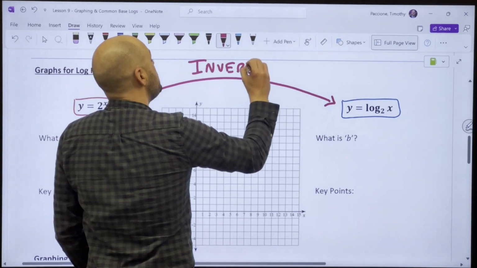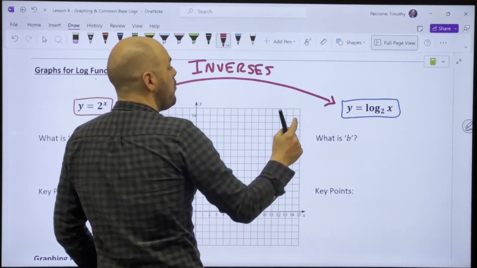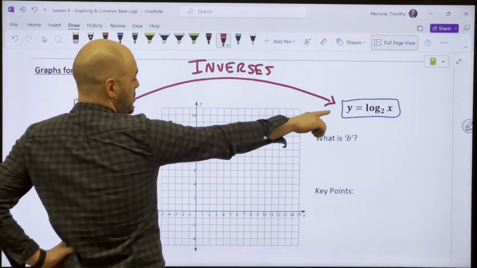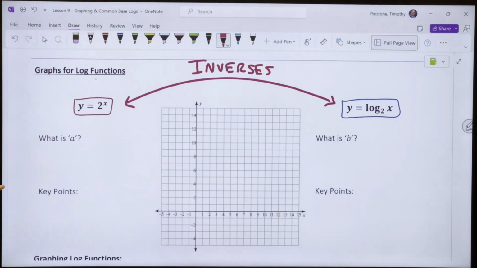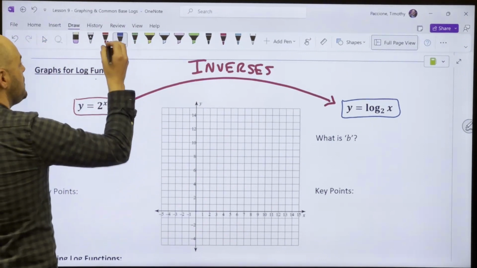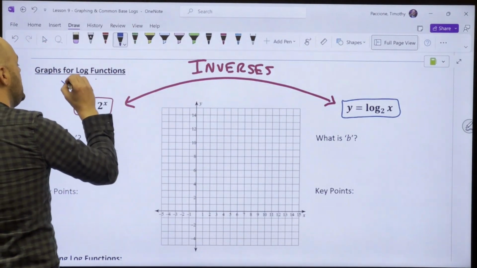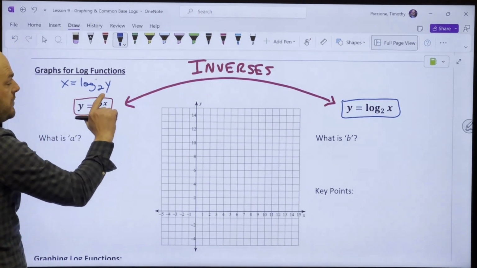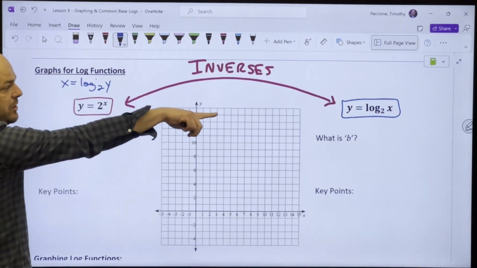They are opposite functions. You are right that it looks rearranged, but if you pay close attention, the x and the y change position. If you turned this into a log, it would actually be x equals log base 2 of y. You flip the x and the y, and that's how you get that.